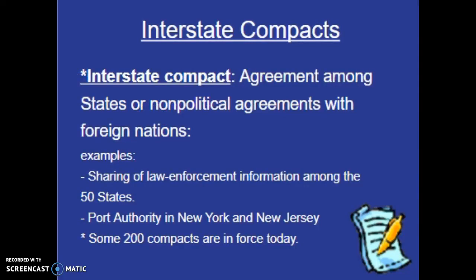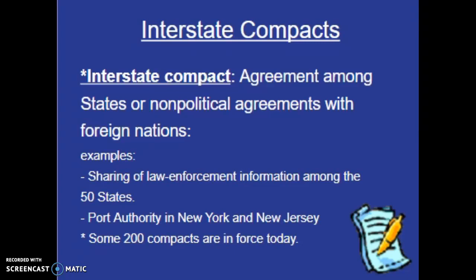So to start us off here, interstate compacts. These are agreements among states or non-political agreements with foreign nations. So no state can enter into a treaty or alliance. However, with the consent of Congress, they may enter into interstate compacts. Some examples: sharing of law enforcement information among the 50 states, and the Port Authority in New York and New Jersey, Port Authority just meaning to manage and develop the harbor facilities bordering both states.